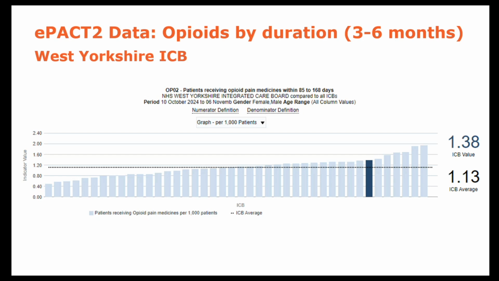As we mentioned, that risk of harm increases as that duration of opioid use increases as well. Again, as you can see, the dark blue column here shows where West Yorkshire ICB are in comparison to other ICBs across England. So again, more towards the high end, slightly above the ICB average.